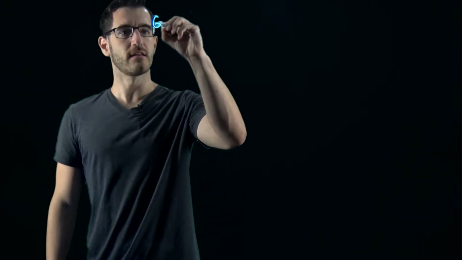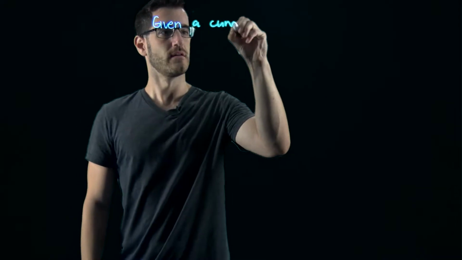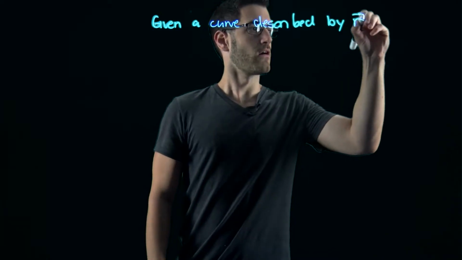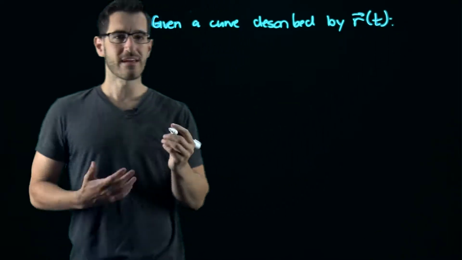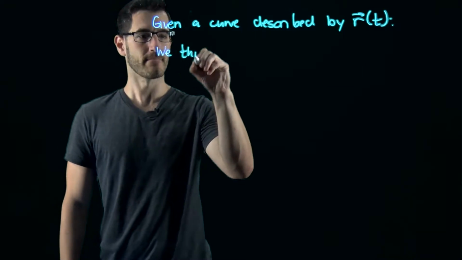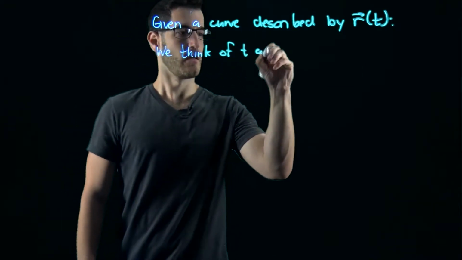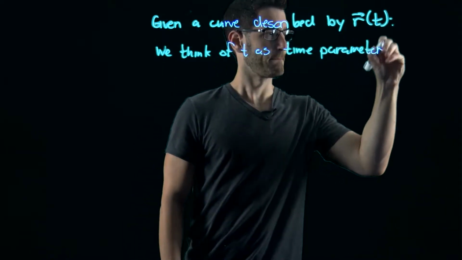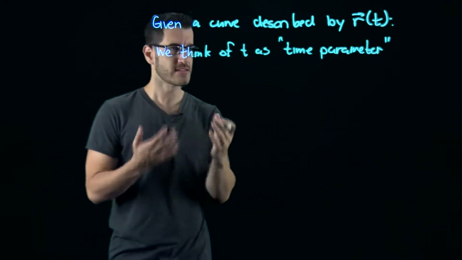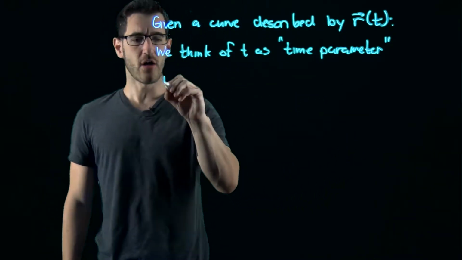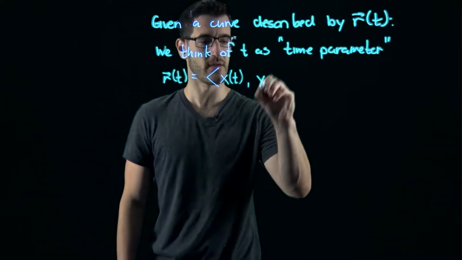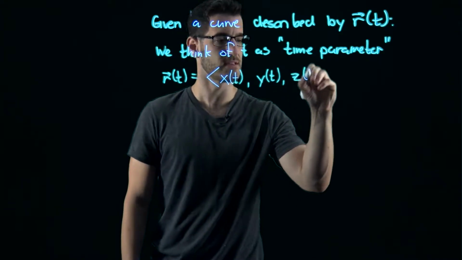between these parameters. So we have this general curve, given a curve described by r of t. We can think of this t as a time parameter, if you will. In other words, this tells me a way to trace out the curve, and this r of t, which I'll write out as what it always is, the first component will be x, the second will be y, the third will be z.